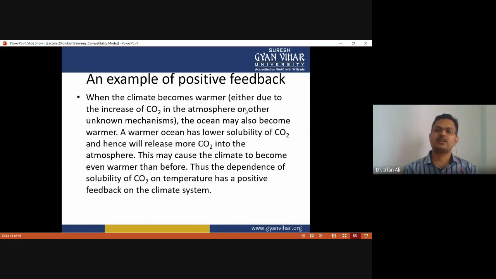This may cause the climate to become even warmer than before. So this clearly indicates the positive feedback effect. Thus, the dependence of solubility of carbon dioxide on temperature has a positive feedback on the climate system. This is a very good example of positive feedback when we study global warming.